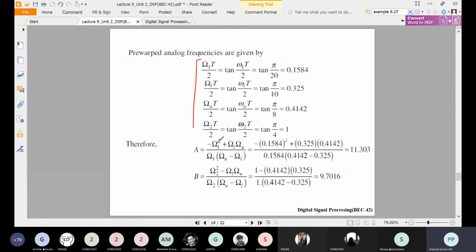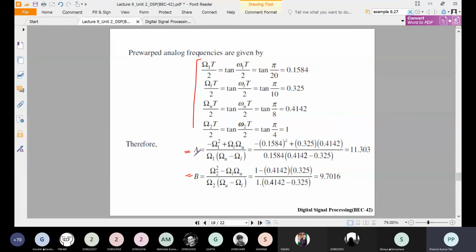For that, we will take the first frequency, omega 1, and with respect to omega 1 we will find the value a, given by this formula. And with respect to omega 2 we will find the b value with respect to this formula.